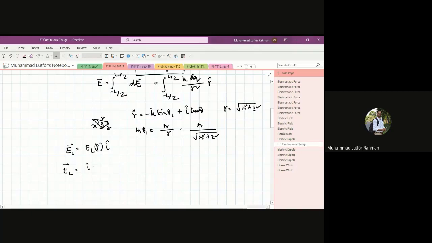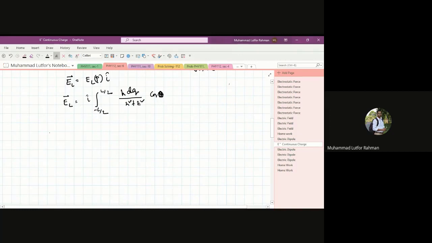I can write it will be the integral from minus L by 2 to plus L by 2 of K dq over R square, where R is basically root of x square plus z square, into R hat. So R hat, I write as vector by vector magnitude, which will be cancelled out. In that case, I'll find only the cos theta component, because the sine theta component will cancel out each other.